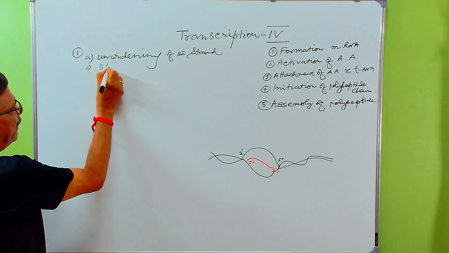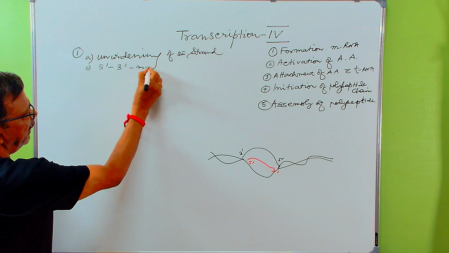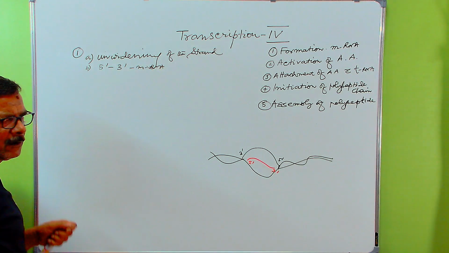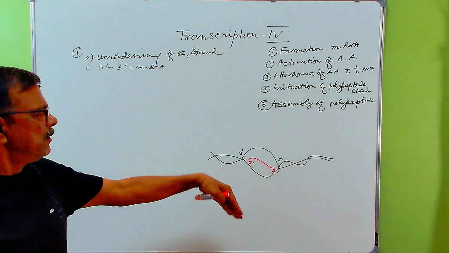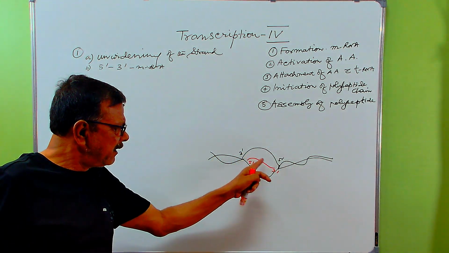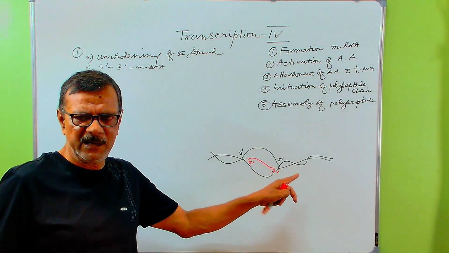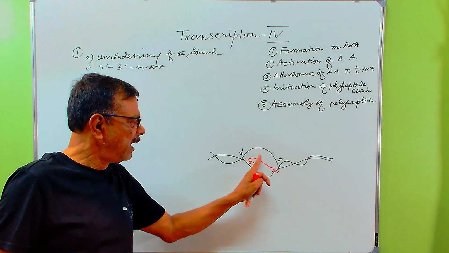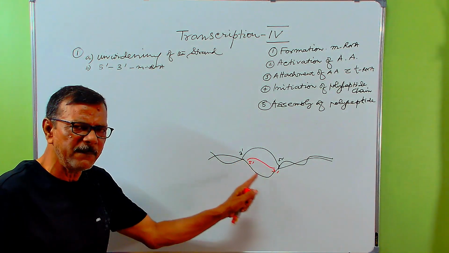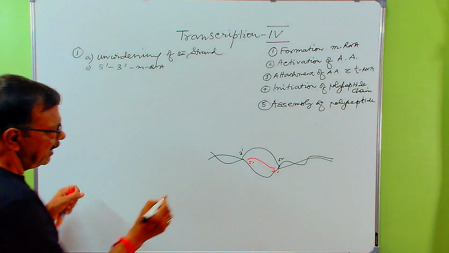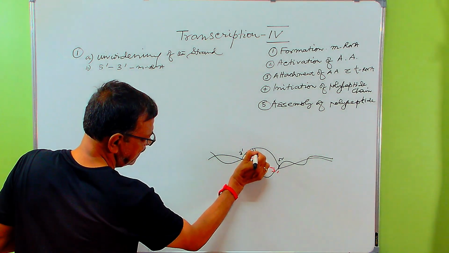So we will write 5 prime to 3 prime, mRNA will be produced from 5 prime to 3 prime. Otherwise, in other words, you can write that the mRNA starts from the 3 prime end of that DNA strand. Or you can say that mRNA is synthesized from 5 prime to 3 prime. Now this position we have come across.